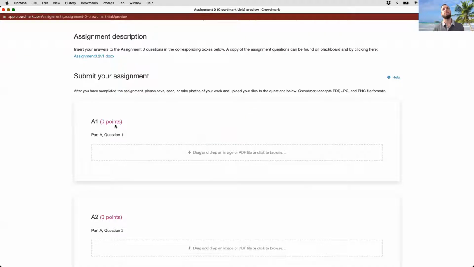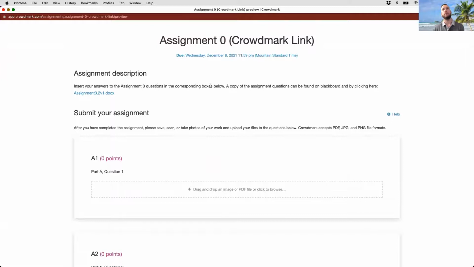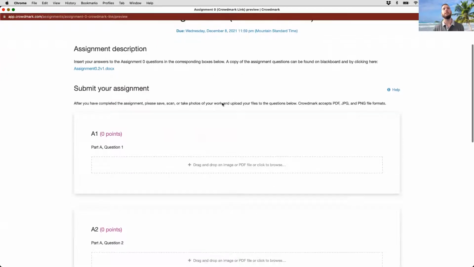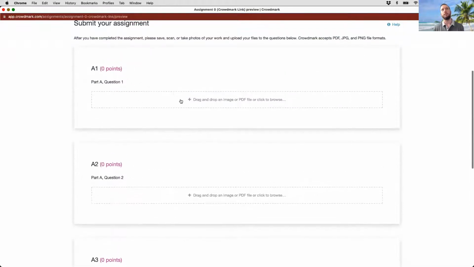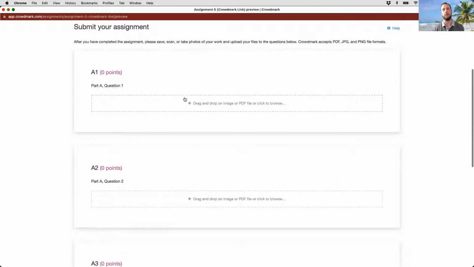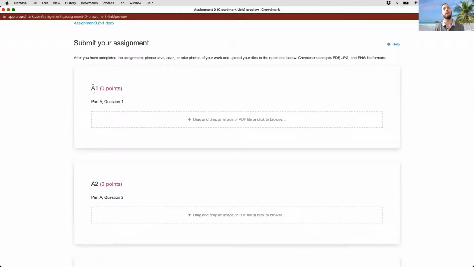The submission page is going to look something like this. At the top, there's a short description of the assignment. And below there is a box corresponding to each of the questions on the assignment. For example, here it says A1, so this is part A, question 1.